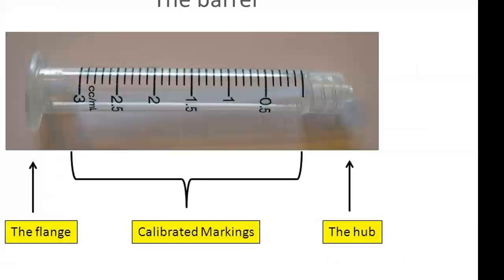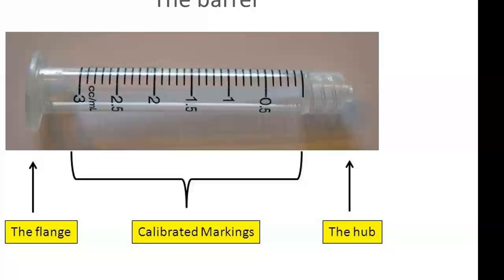You can see the flanges, that's the little piece at the end of the barrel. Then in between from the hub are the calibrated markings. You can see this is a 3 milliliter syringe, or a 3 cc syringe. You may see those terms interchanged.